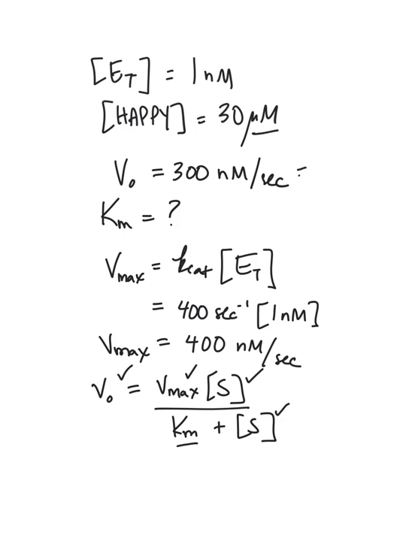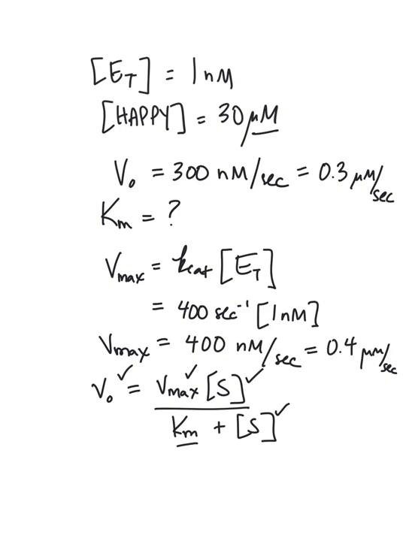So I'm going to convert my velocities. 300 nanomolar per second is 0.3 micromole per second. 400 nanomole per second is 0.4 micromole per second. I just did that quick and dirty, moving the decimal point 3 places to the left, but again, write your conversions out if you need to, to make sure that you don't make any mistakes.